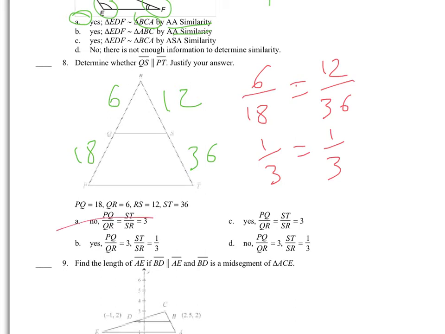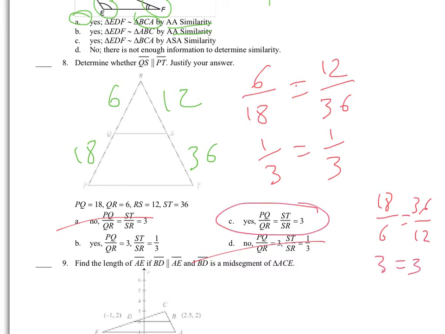So anything that says no is going to be incorrect. And PQ over QR equals ST over SR, which is 3. Now they flipped it. They wrote PQ, so theirs looks like 18 over 6 and 36 over 12, which is 3 equals 3. They're both equal to 3, which is why C is my answer.